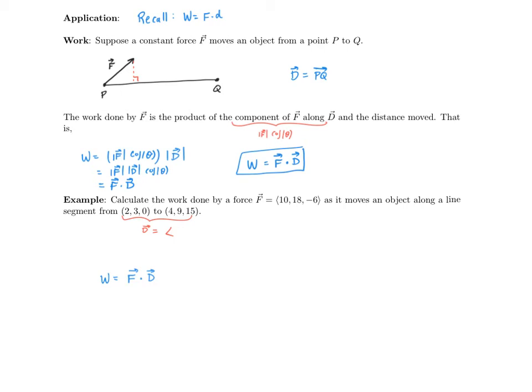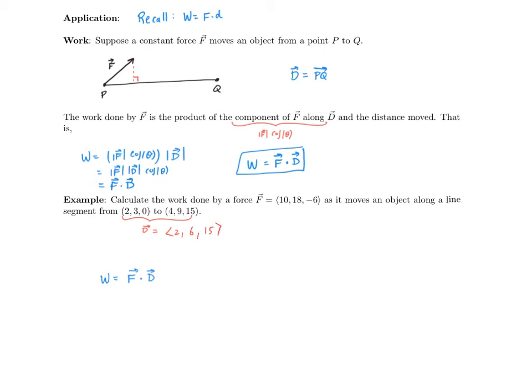We simply need to think, if we're at one of these coordinates, how do we travel to get to the other? In the x coordinate, we go from 2 to 4, so the first component of the displacement vector is 2. In the y coordinates, we go from 3 to 9, so the second component is 6. And then 0 to 15 in the z.